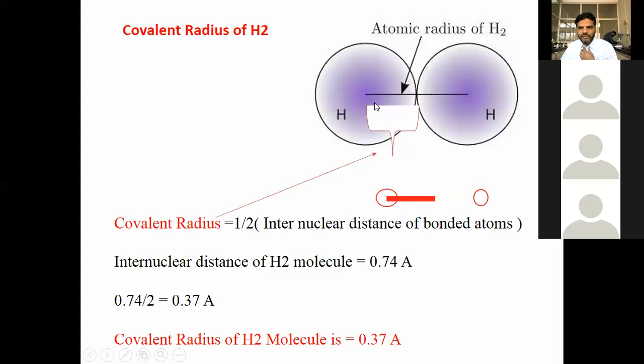For example, what is the distance between the nuclei of hydrogen atom 1 and hydrogen atom 2? It is 0.74 angstrom. Now what is half of 0.74 angstrom?